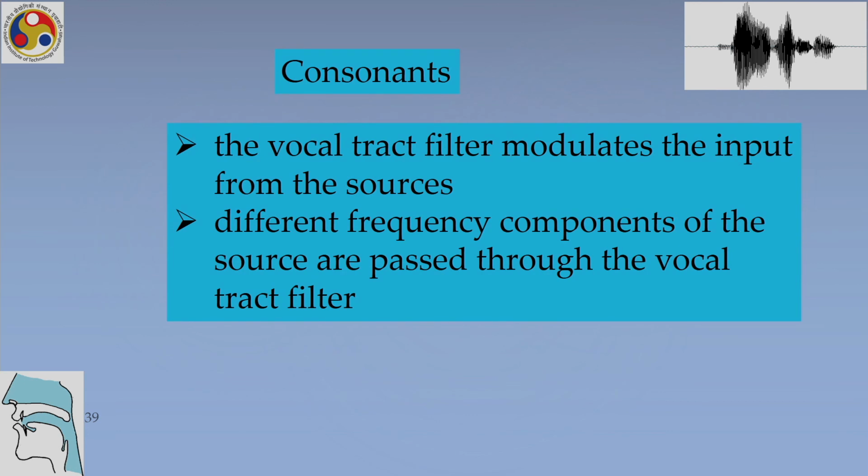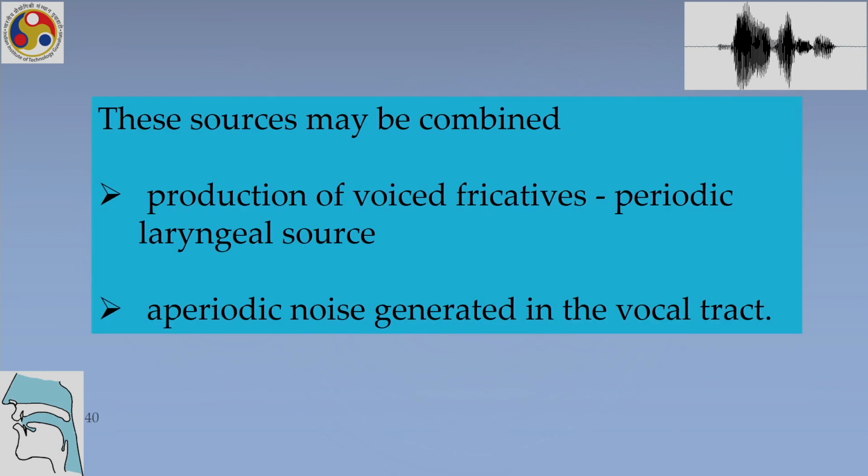As we already know, the vocal tract filter modulates the input from the sources, and different frequency components of the source are passed through the vocal tract filter. Importantly, these sources may be combined. In the production of voiced fricatives, for instance, you have a periodic laryngeal source, but the aperiodicity is the result of the vocal tract.